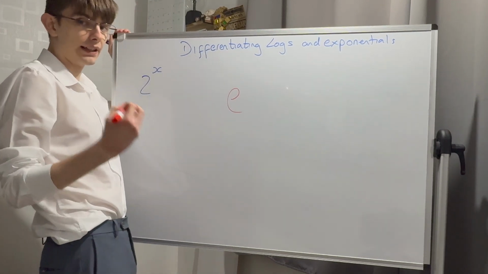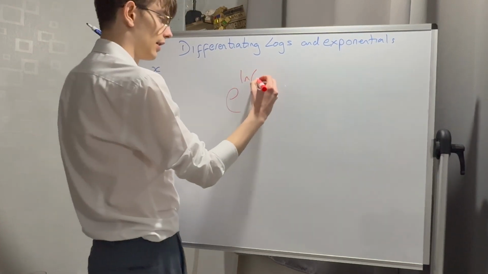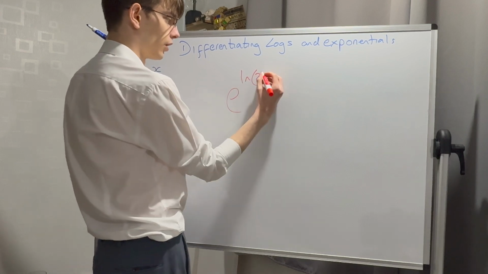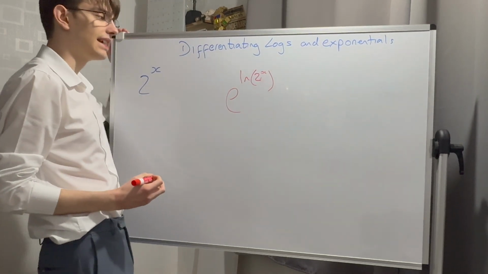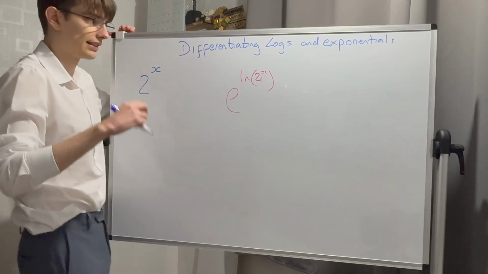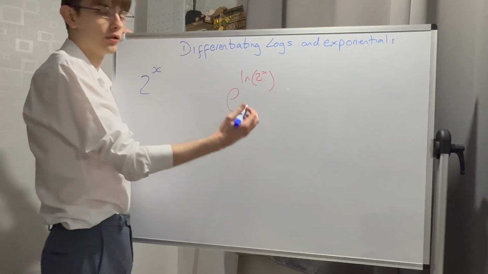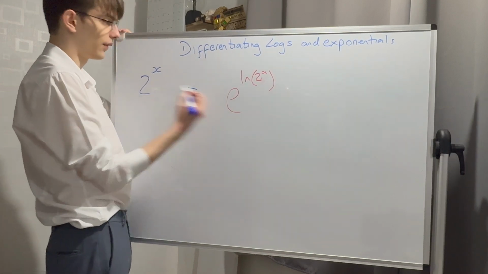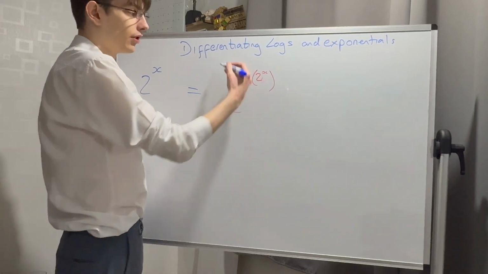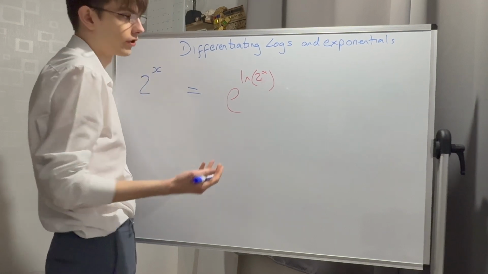Specifically, I'm going to put 2 to the x inside an e to the ln. The reason for this you'll see in a second, but the reason I can do this is because the e and the ln cancel out. If I have e to the ln of something, the e and the ln cancel, and I'm just left with 2 to the x. So I'm allowed to do this.